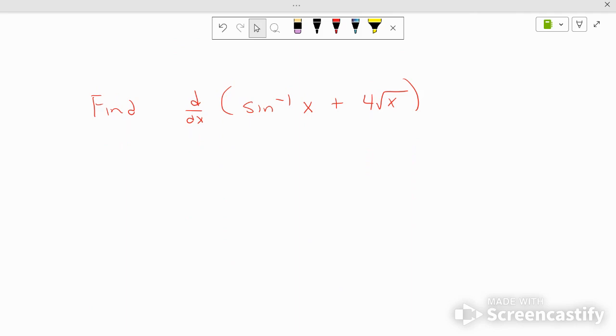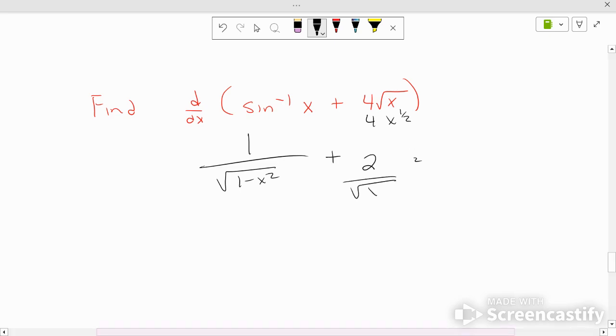Okay, what's the first derivative of the inverse sine of x? 1 over the square root of 1 minus x squared. And this one, 4x to the 1/2, so it's 2x to the negative 1/2, or 2 over the square root of x.